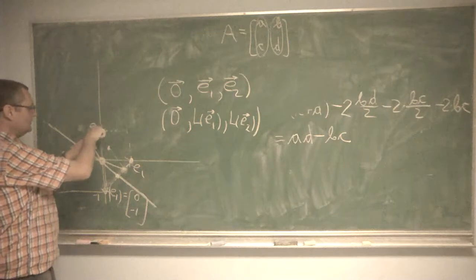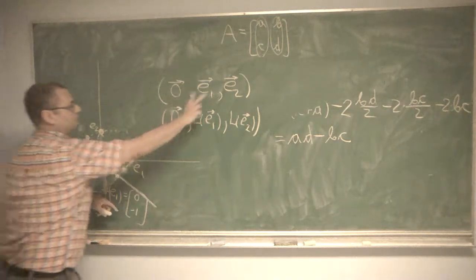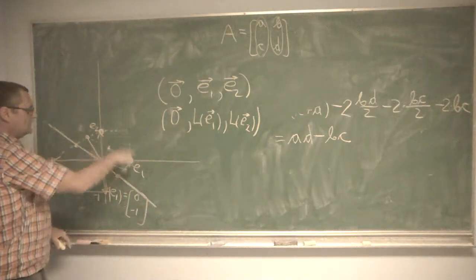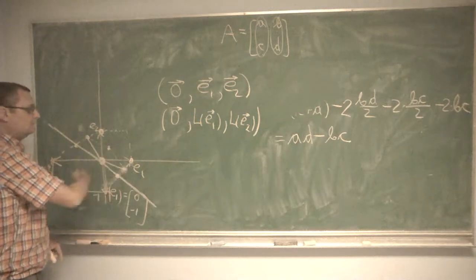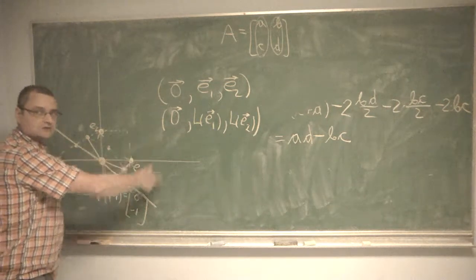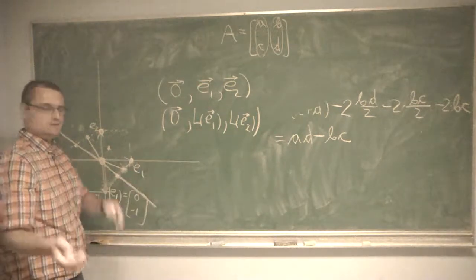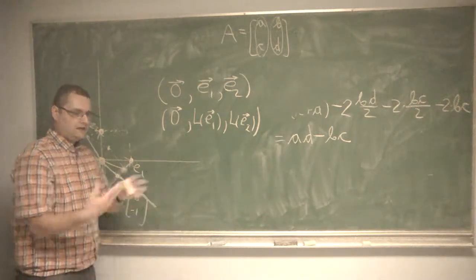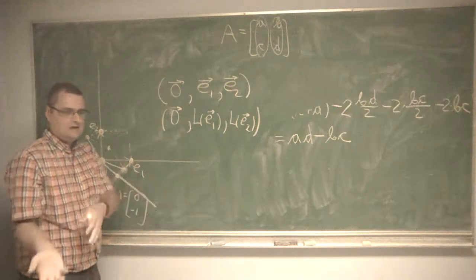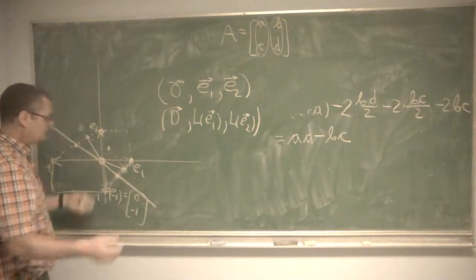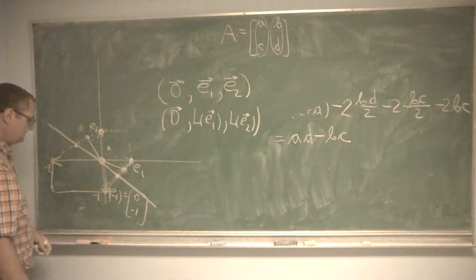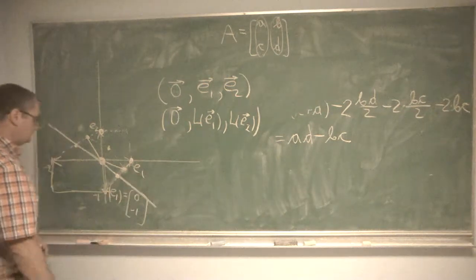If you have 0, E2, E1, so if you flip this, you will go this way, so that's going to be negative orientation. Clockwise orientation is negative by definition. You can call it Thelma and Louise, or you can call it black and white, you can call it plus and minus, whatever. We call it plus and minus, or positive or negative. You can also call it clockwise and counterclockwise.